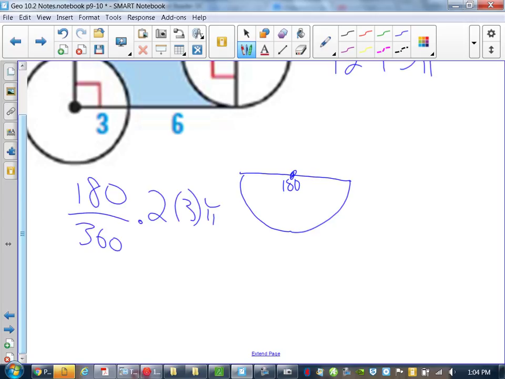What's half of 2? 1 times 3, 3 times pi. Same thing. Once again, exact answer, 12 plus 3 pi.